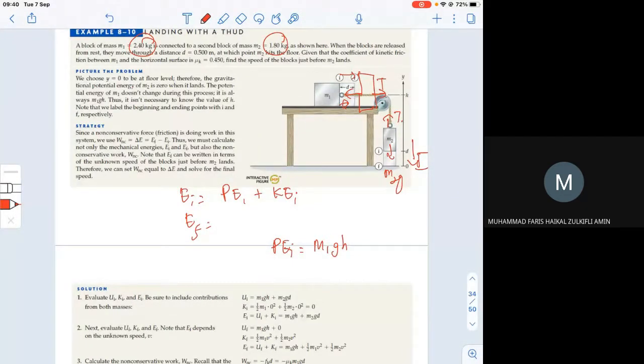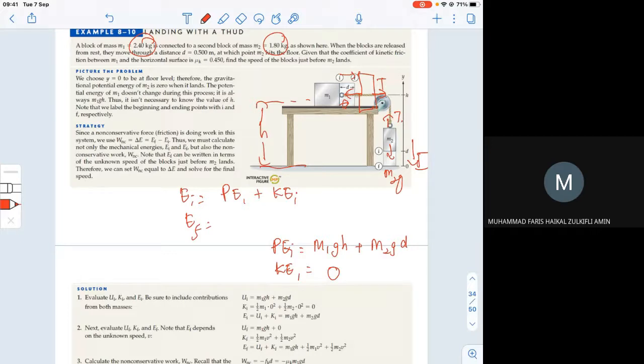Okay, tengok daripada floor, ketinggian dia ialah H. Plus dengan M2 berapa ketinggian dia? D. M2GD. Okay, itu ialah PE initial. KE initial untuk M1 kosong.